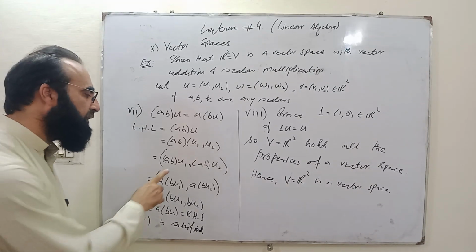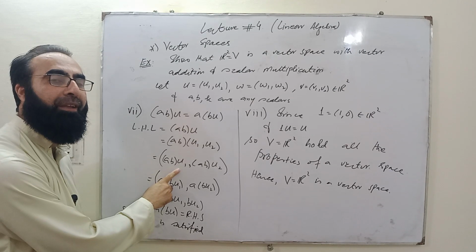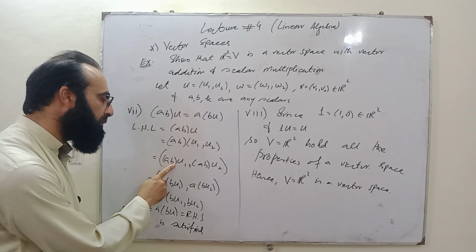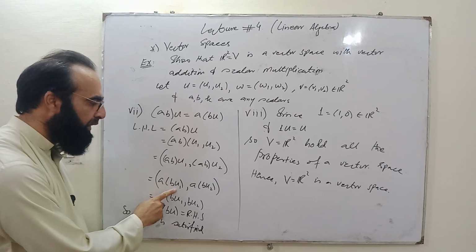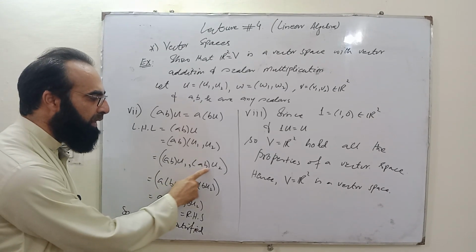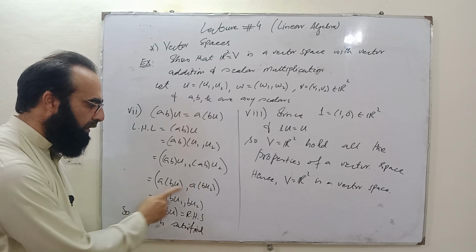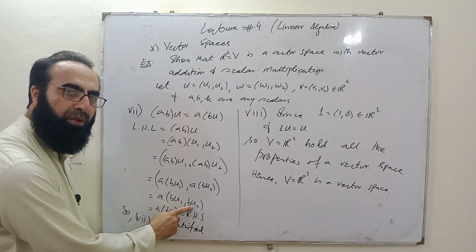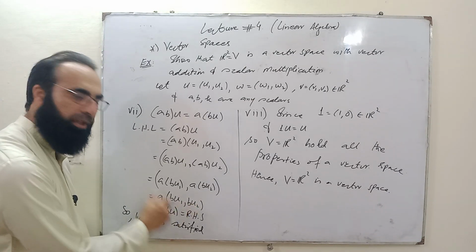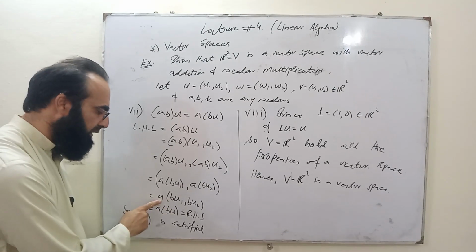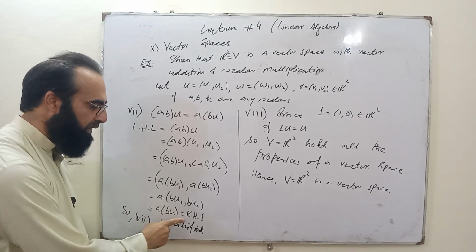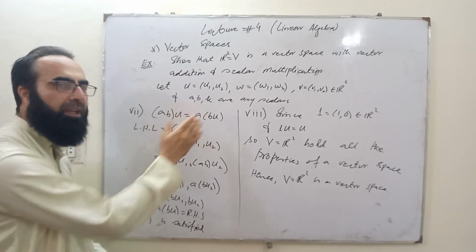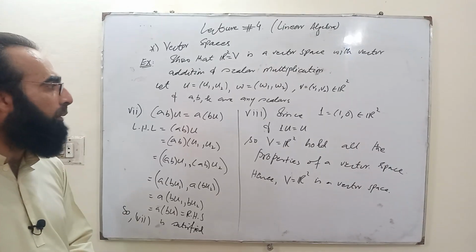So these numbers will also satisfy the associative property with respect to multiplication. So this can be written as a times (b u1), a times (b u2). Take a common, we get (b u1, b u2) in the components, and this can be written as a times (b u), which is the right side of the seventh property. This shows that left side is equal to right hand side.